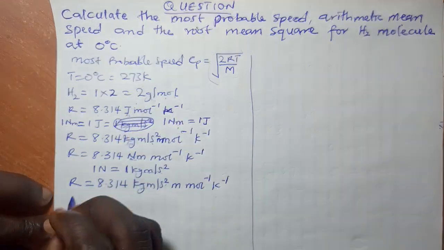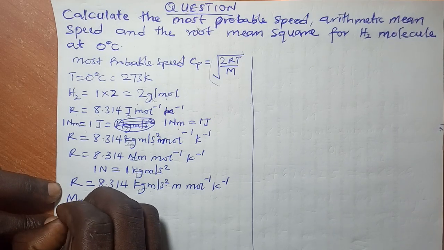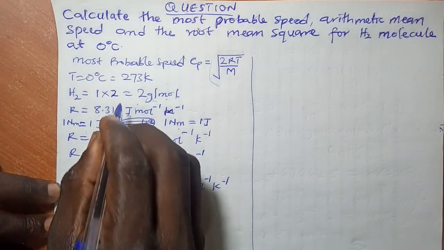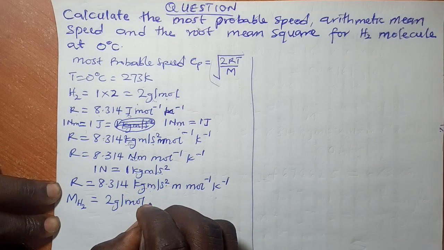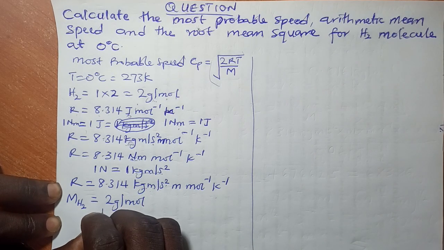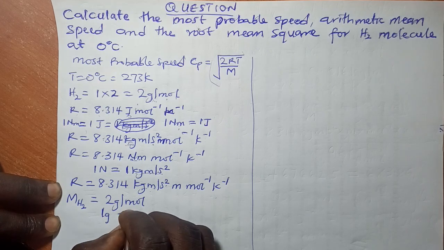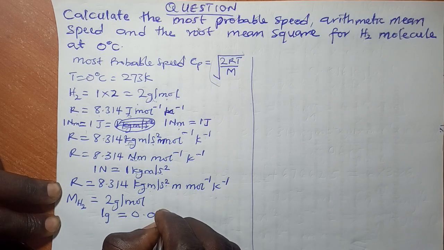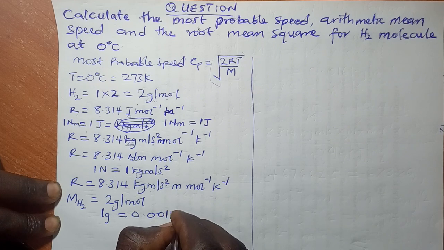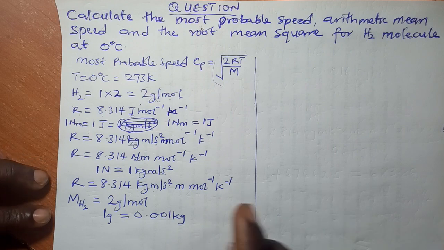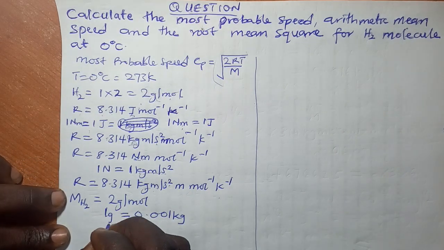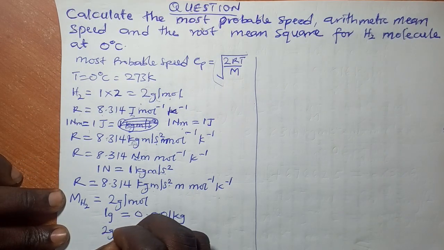So let me take my molecular weight of hydrogen, which is 2 gram per mole. 1 gram is equal to 0.001 kilogram.